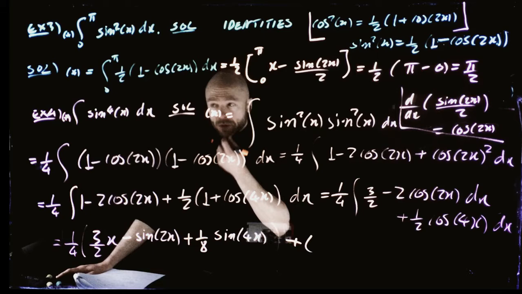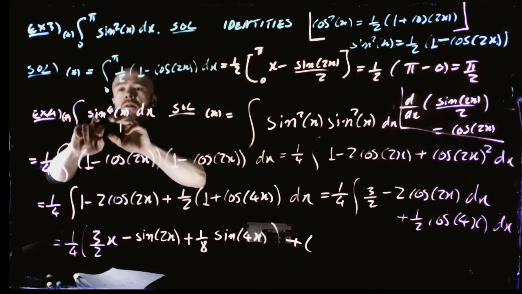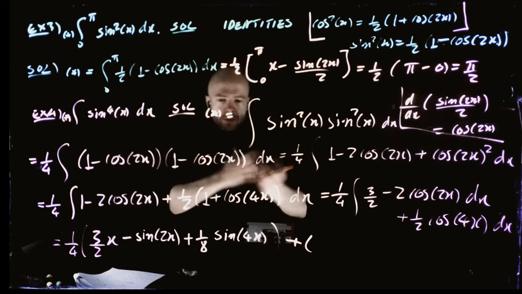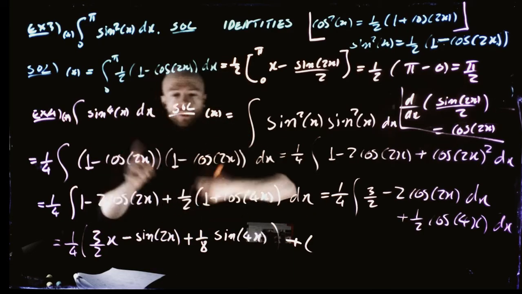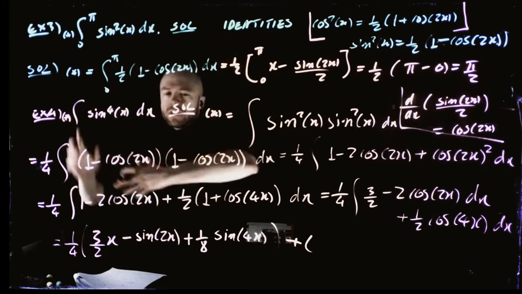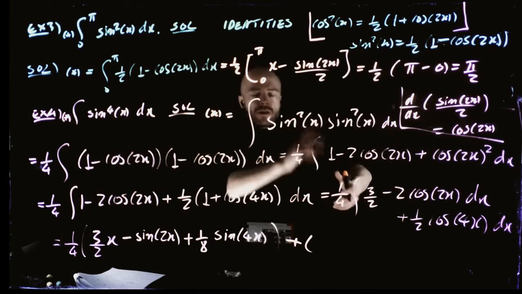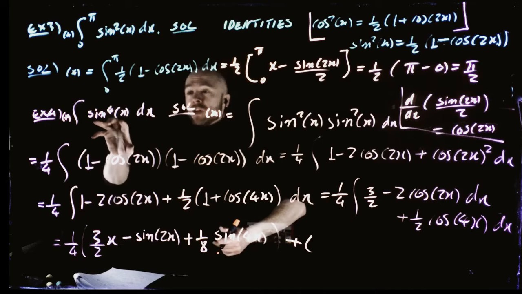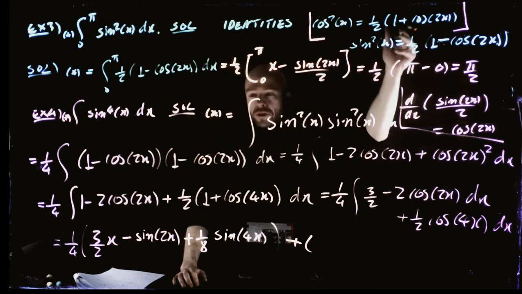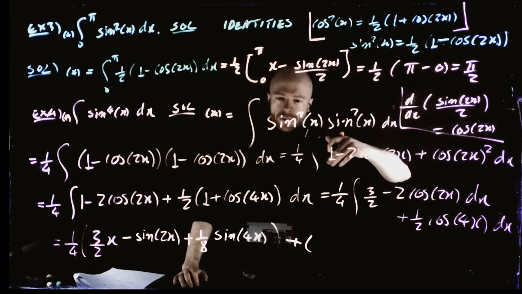All right. Good. So what was our strategy? We saw cosine to the power of 4. We know that we're not going to have a chance to do this u sub type method, which means putting a whole bunch of sines and then one cosine, or a whole bunch of cosines and one sine. The only thing we have a chance to do is to reduce it down using these formulas right here. But we have to do it in 2 steps this time.